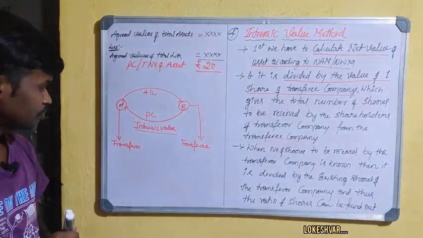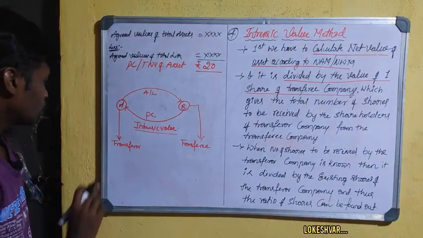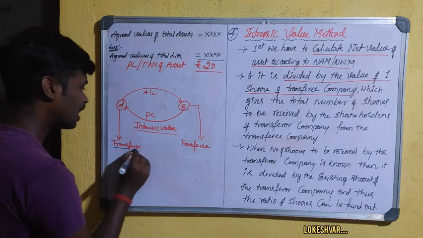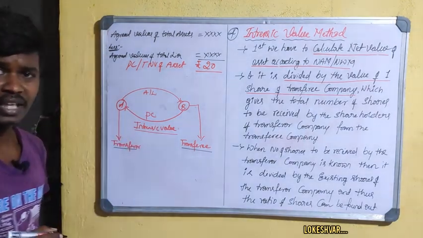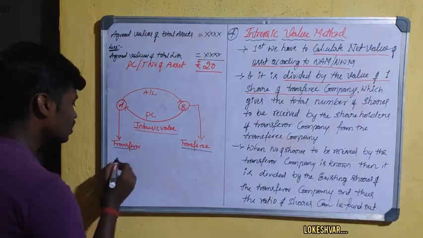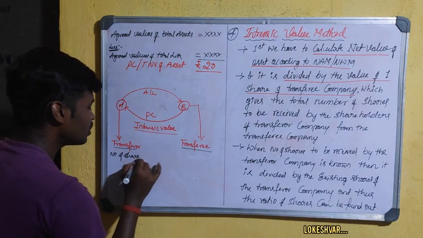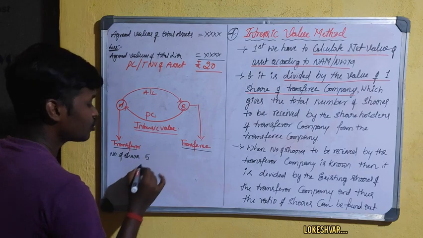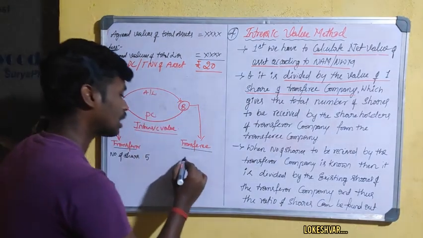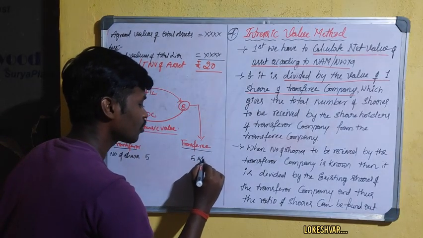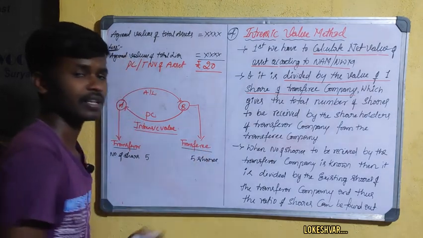Assume A company has a total of 5 shares, and B company also has 5 shares.